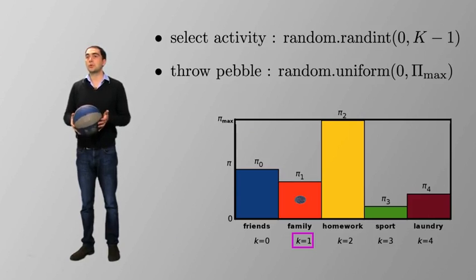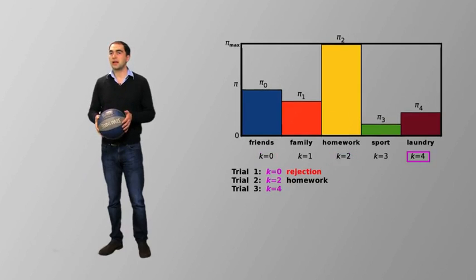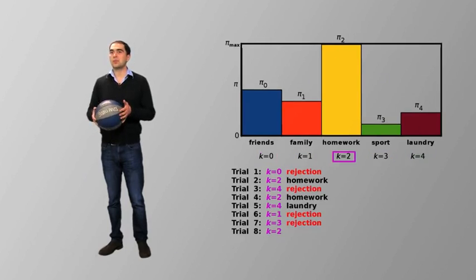This occurs with a probability which is proportional to the weight of the activity. As Mikhail explained, this algorithm can have problems because of the high rejection rate. But for the Saturday night problem, this is okay. We can program the algorithm and plan our activities week by week.